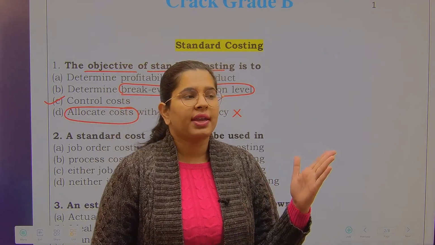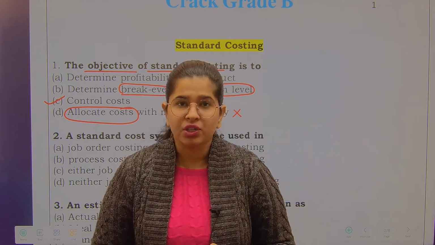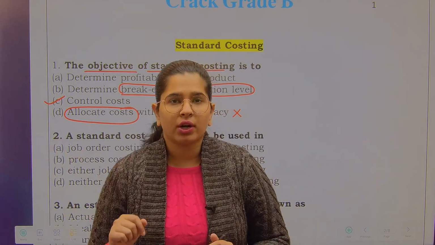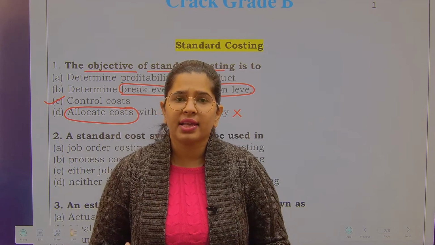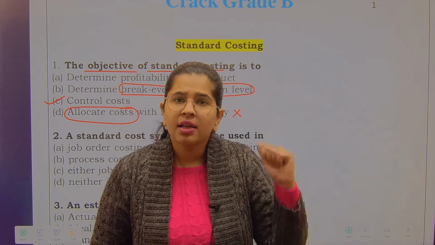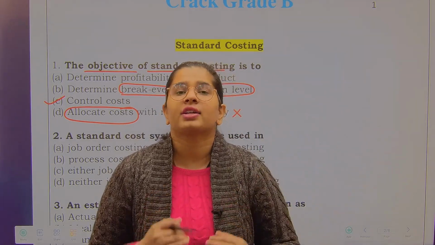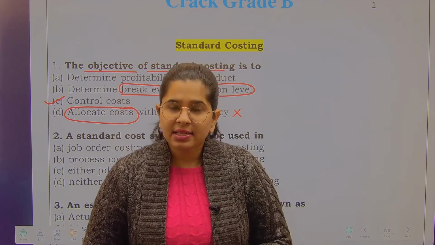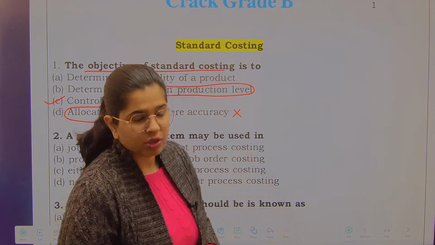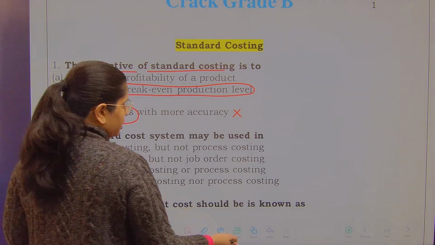What is the variance of material price? What is the variance of material usage? Labor mix variance, what is it? So why am I finding variance? Why do I want to find out the difference between actuals and standard? Because I want to control the actuals, right? So that is why the aim of standard costing here is to control the costs.